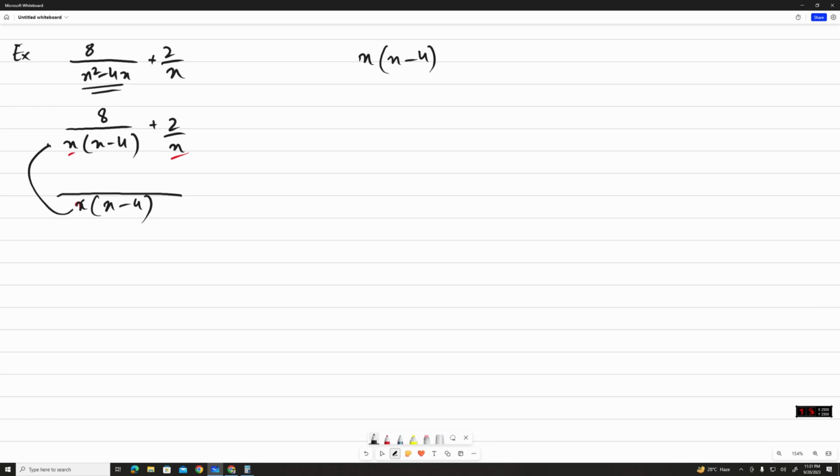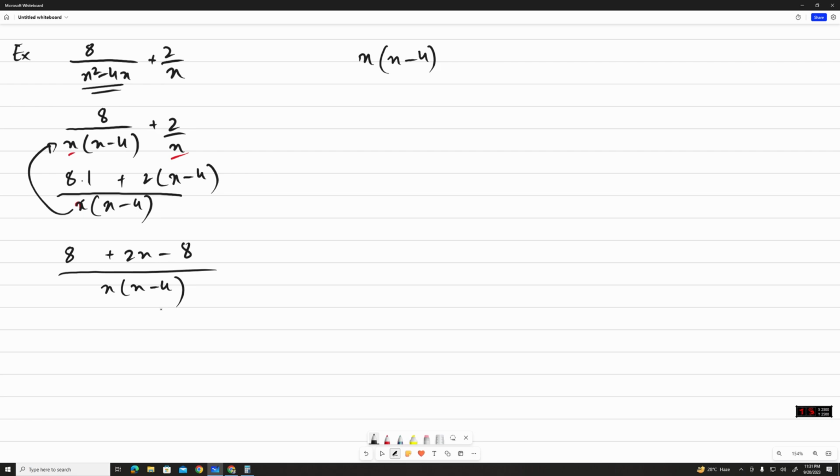So now this term divided by this is 1, so 8 into 1, and this is going to be 2 plus the x cancels each other out, and x minus 4. So we will get 8 plus 2x minus 8 divided by x minus 4.